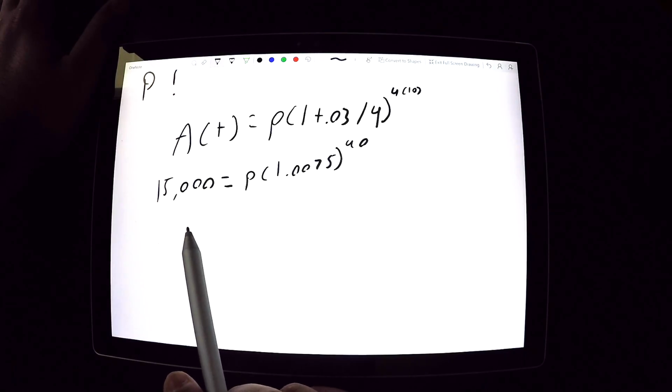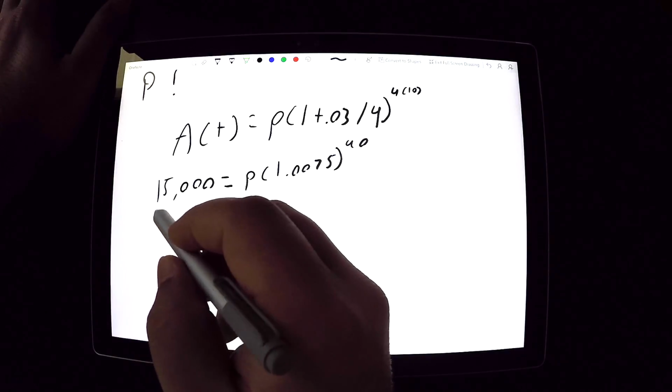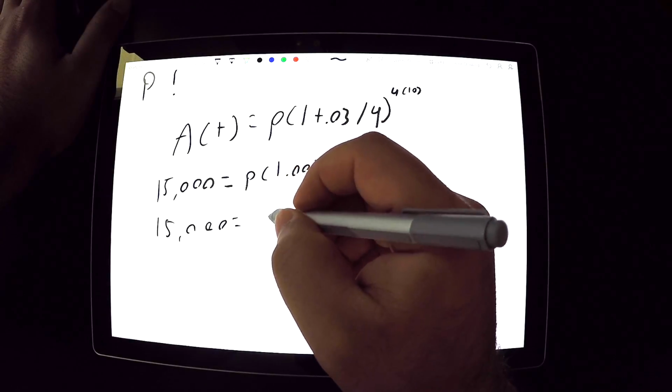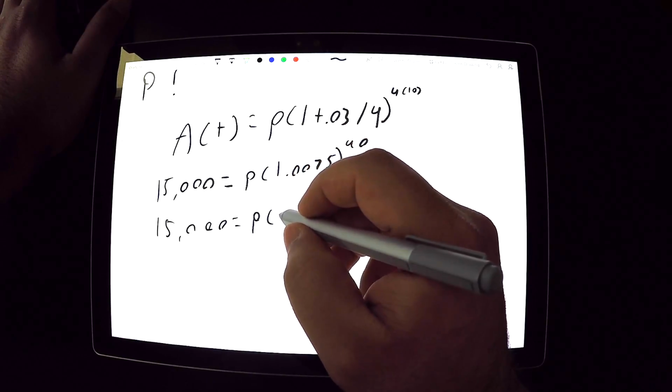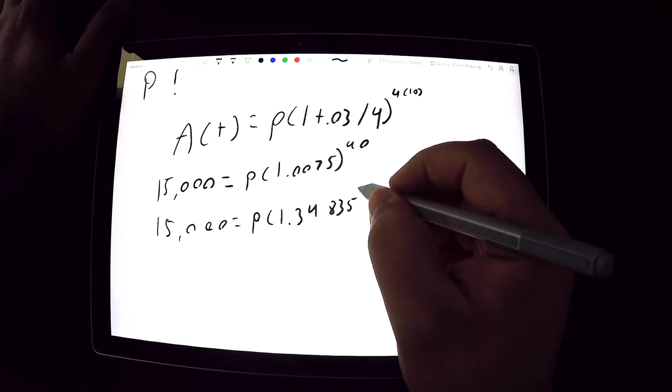Now you plug in these powers, so you're left with 15,000 equal to P times 1.34835.